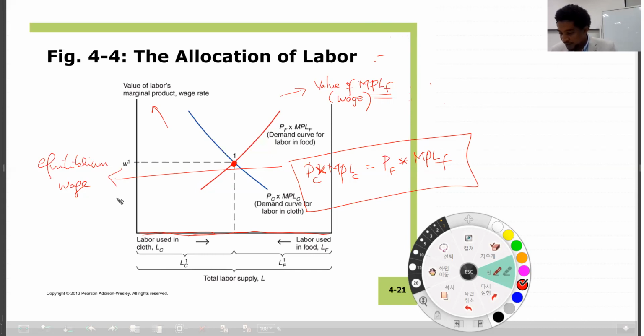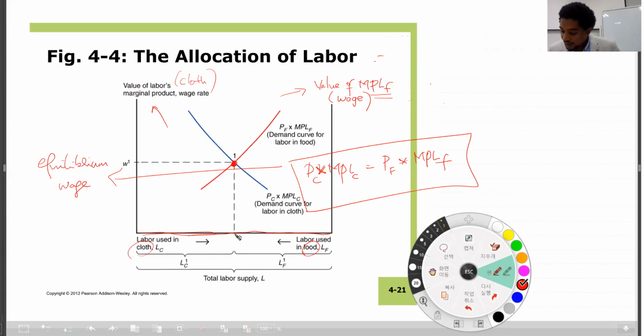So this is the total labor used, because labor used in clothes we have here, and labor used for food. So the value of labor, you can use in quotation here, for clothes. This one is for clothes and this one is for food.